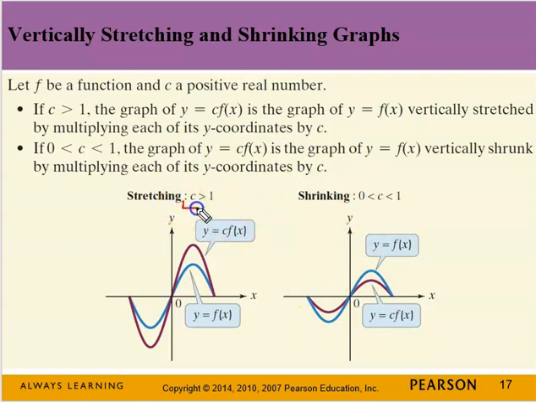Here we're saying that C is greater than 1, and now C is less than 1 but greater than 0. So part of it is visually experiencing what these words are like in regard to function.